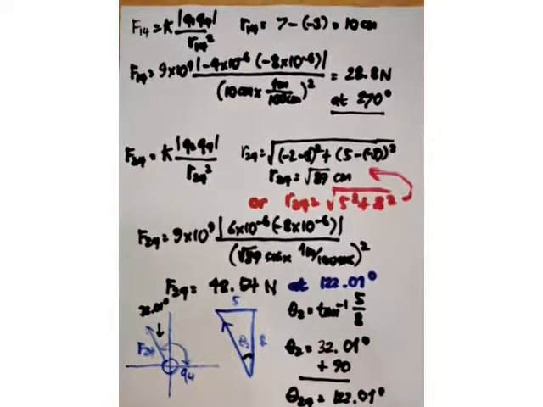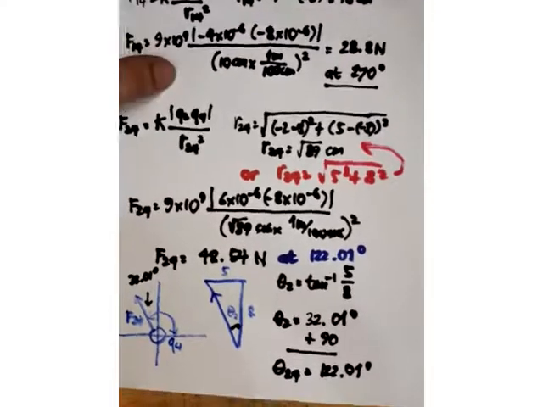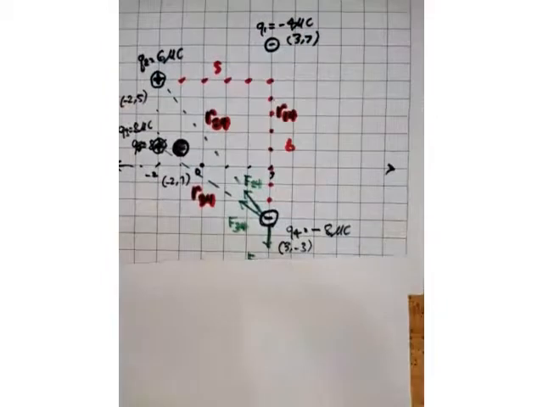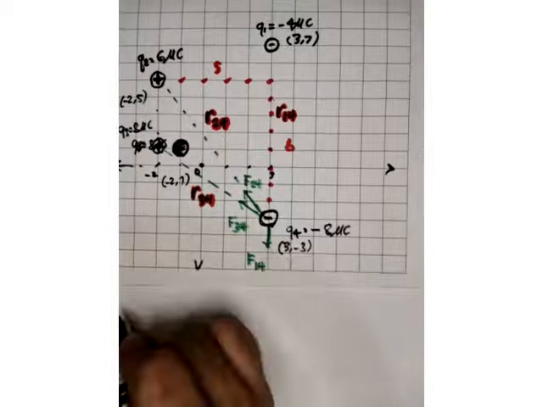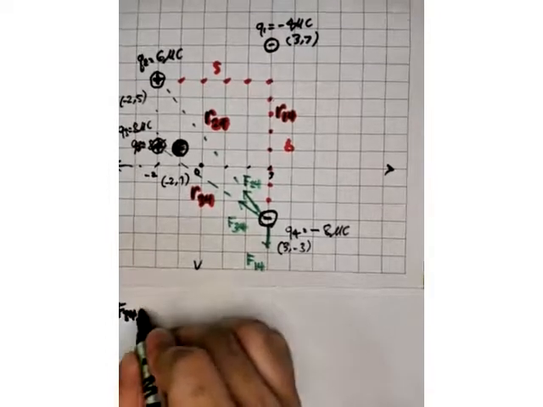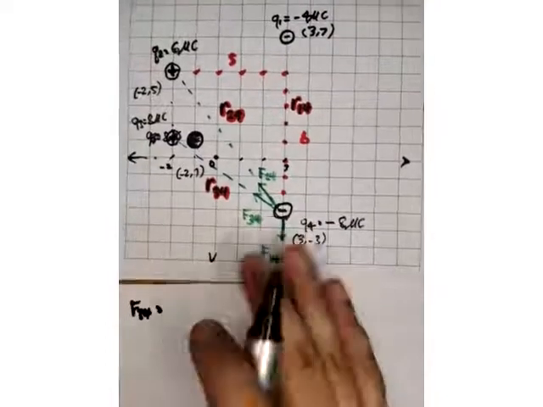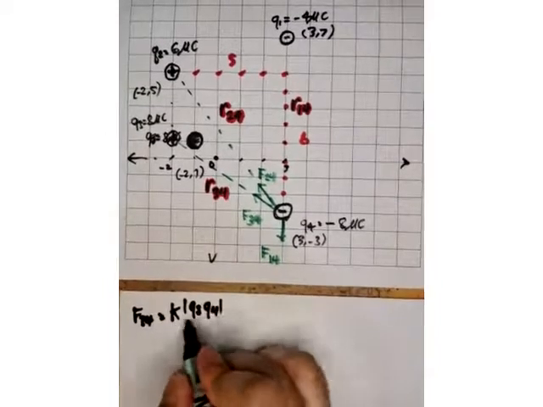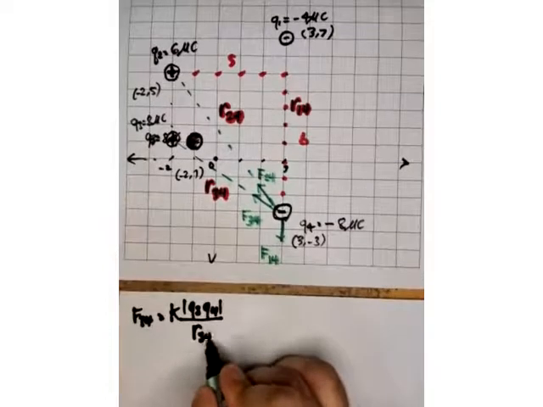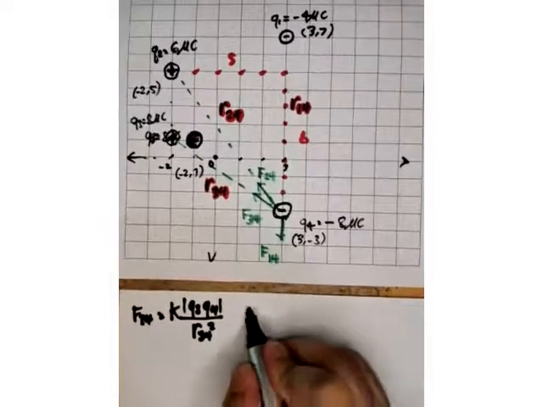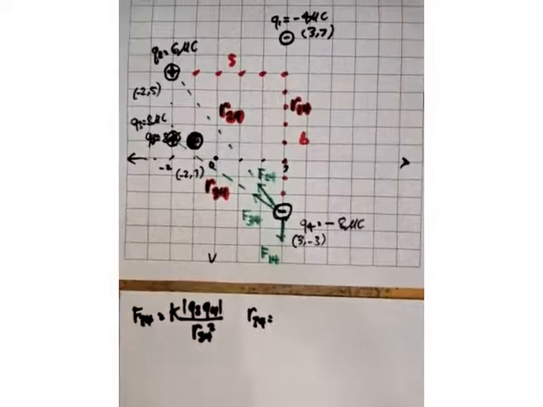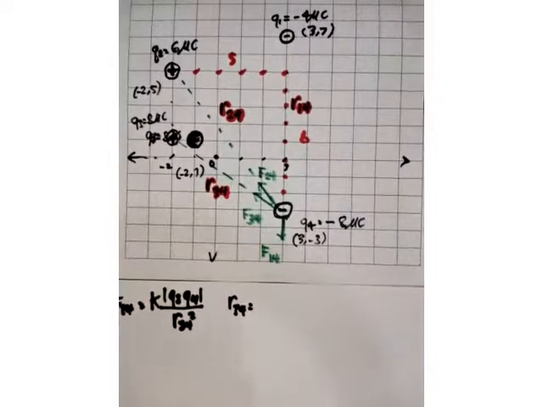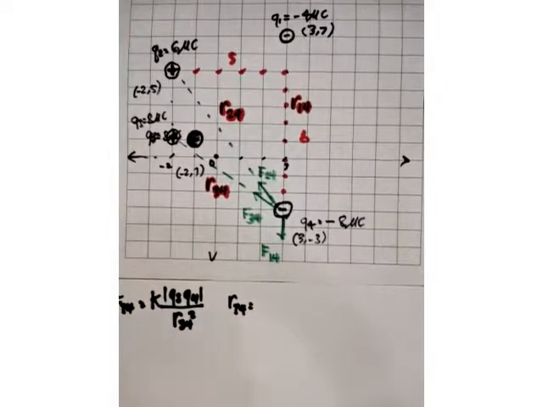Okay, so yun yung ating dalawang forces. Okay, so let's proceed to the third one. Okay, so yung third one naman is yung ating F34. So F34 is equal to K times Q3, Q4 all over R34 squared. Ayan. Kaya lang ano yung ating R34? Ayan. So kung kukunin na ulit natin, okay, magbibilang na lang tayo, no?